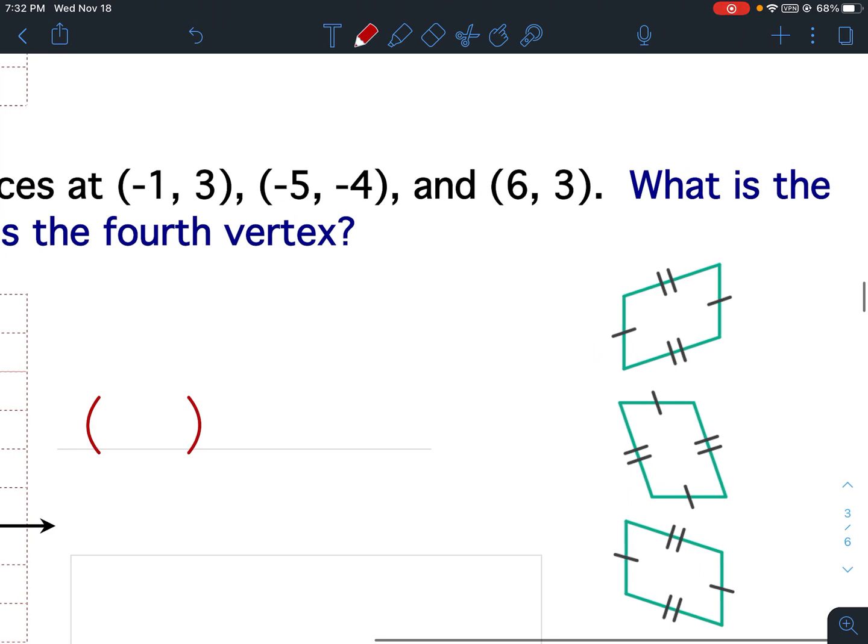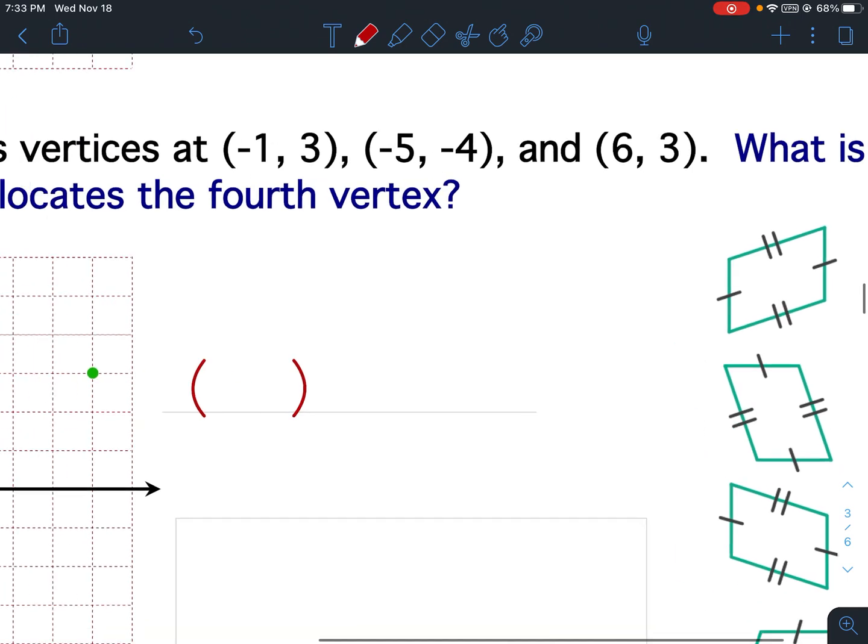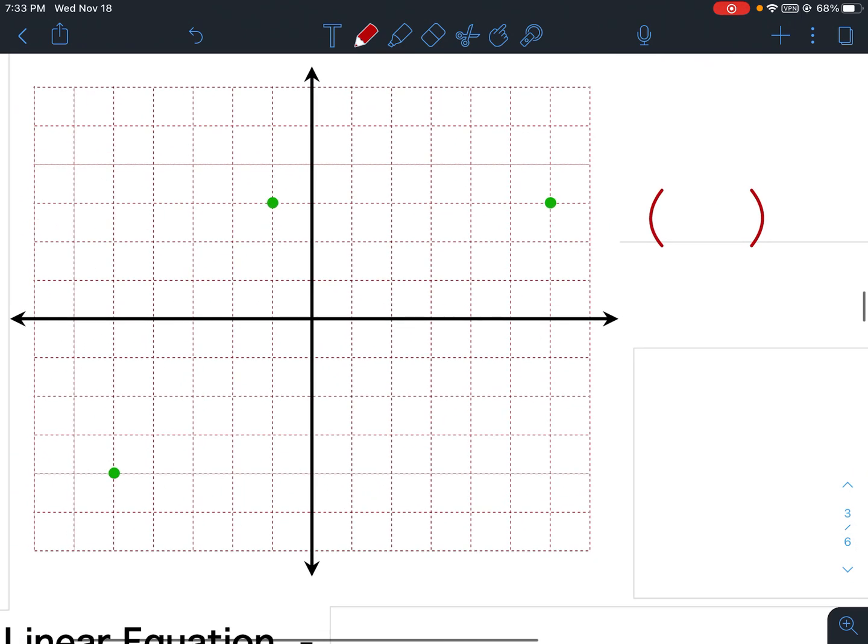Next, go ahead and plot (-1, 3), (-5, -4), and (6, 3) on the coordinate plane that's provided. Okay, let's see if you're correct. So this point right here is (-1, 3). To check it, just go over to the left one and up 3.